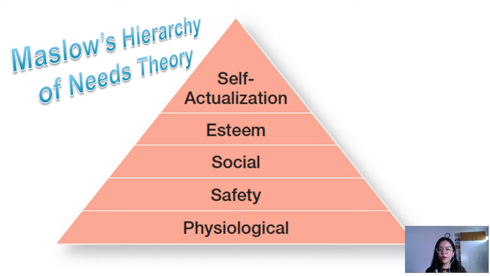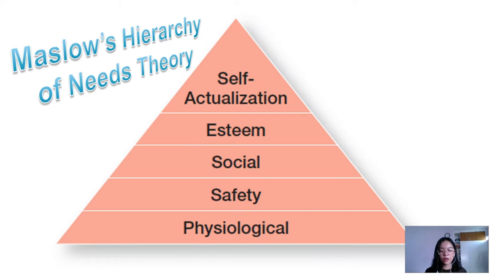This theory is quite familiar to us because we have studied it in the principles of economics. You can see that the physiological need is a person's need for food, drink, shelter, and other physical needs. And higher than that are safety needs. This is a person's need for security and protection from physical and emotional harm.